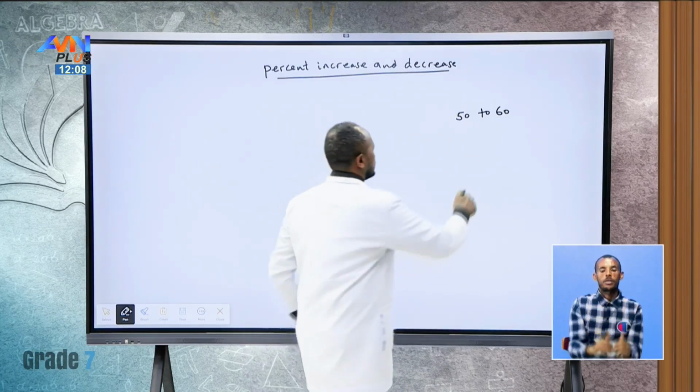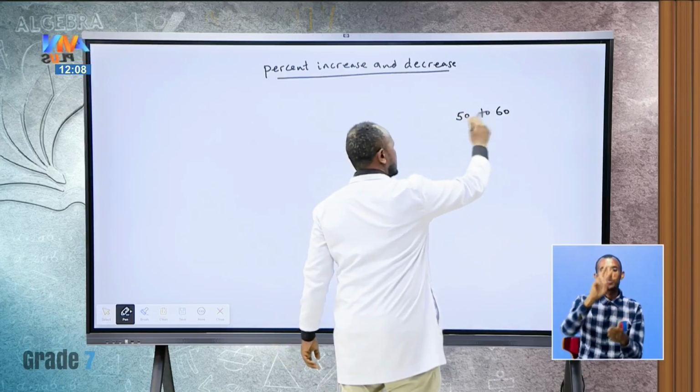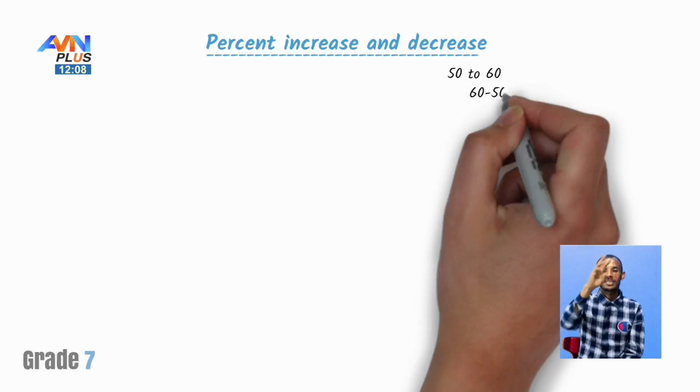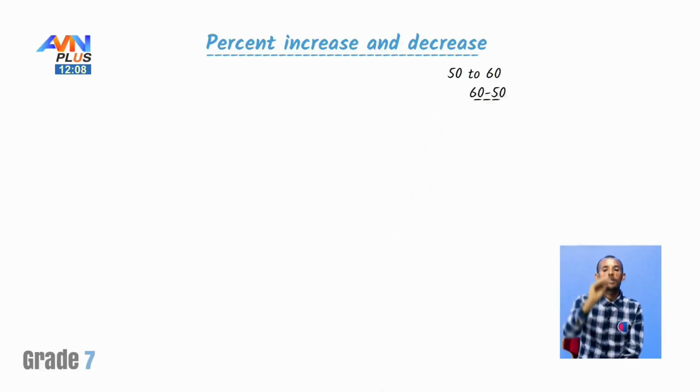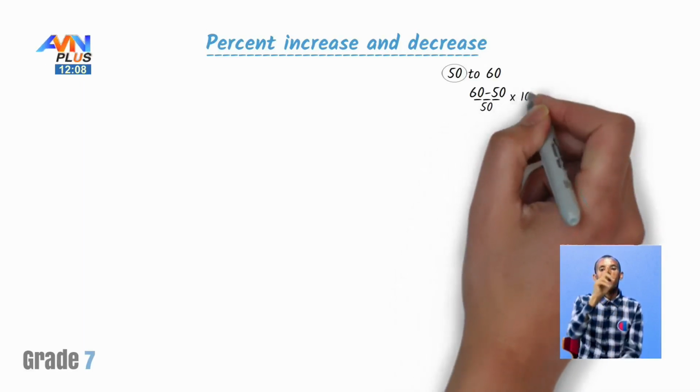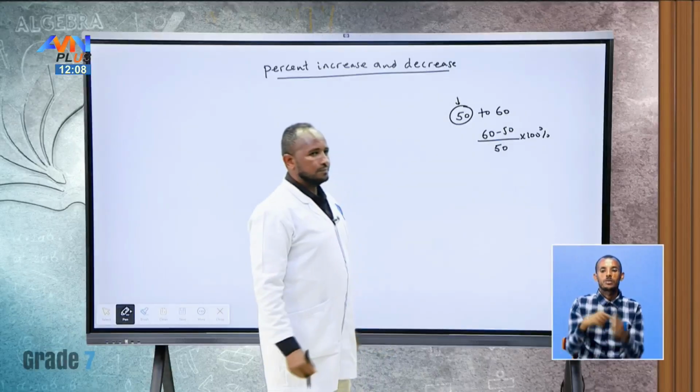Therefore, to convert this to percent form, the increased amount is 60 minus 50. You divide this by the original quantity and then multiply it by 100% to convert it into percent.